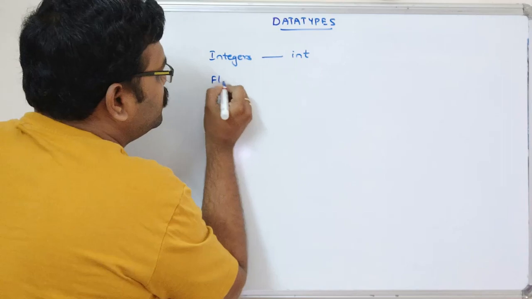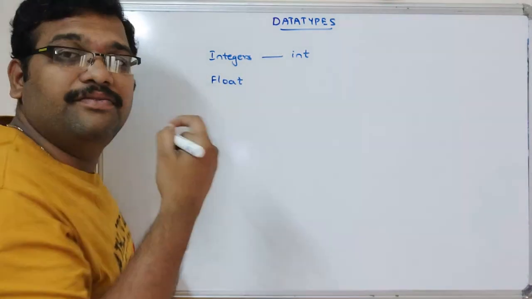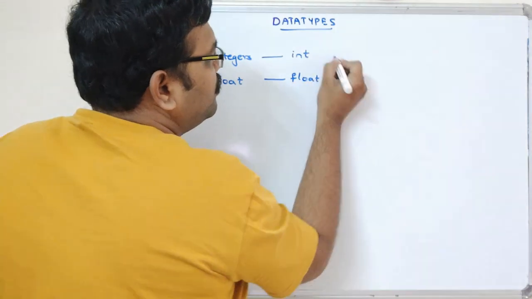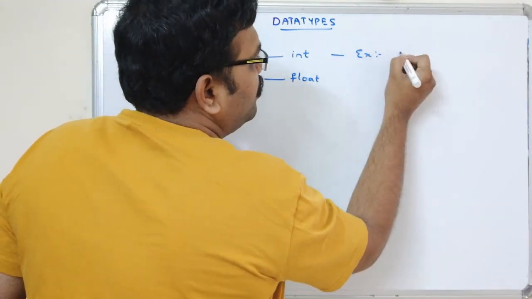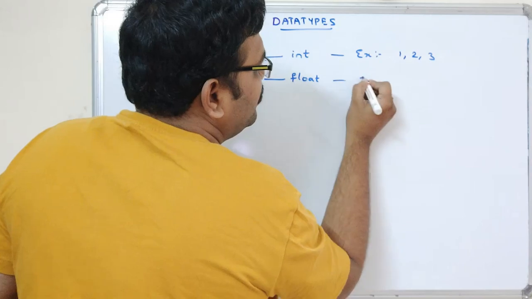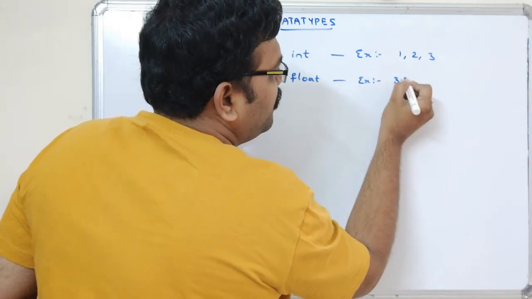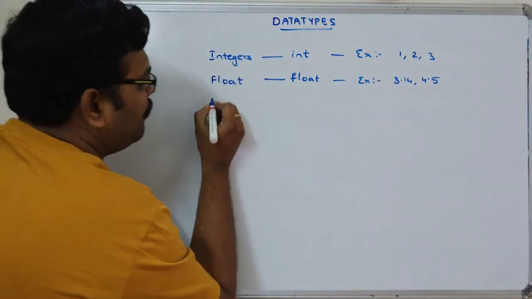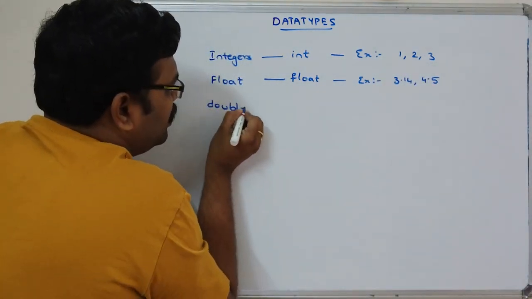Coming to float, float means with a fractional value. The data type is float. Example for integers: 1, 2, 3, etc. Example for float: 3.14, 4.5, etc. Then double.